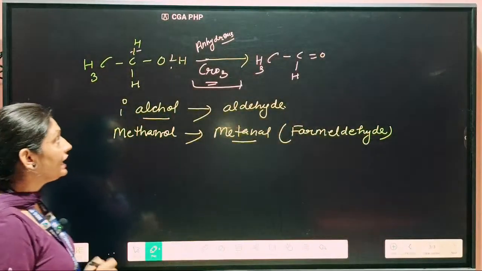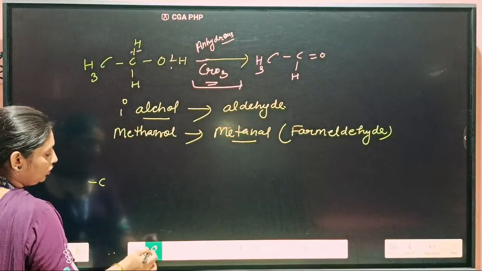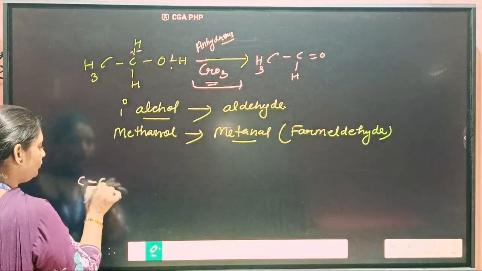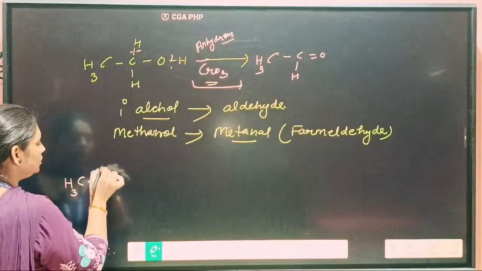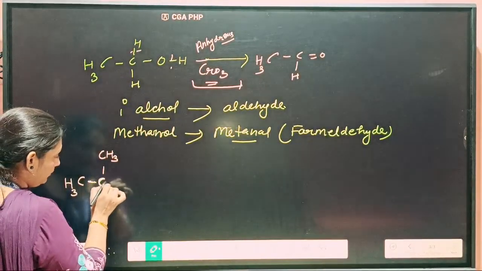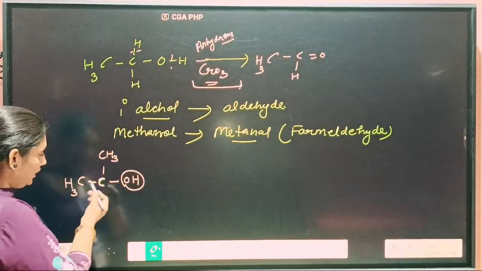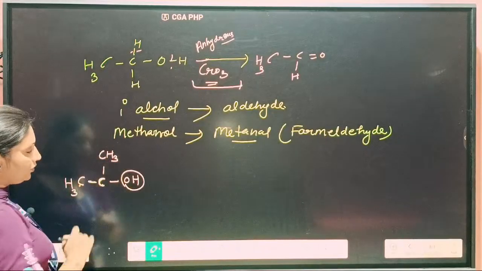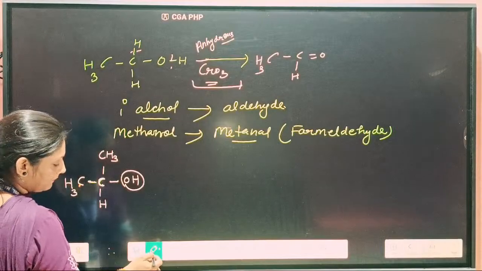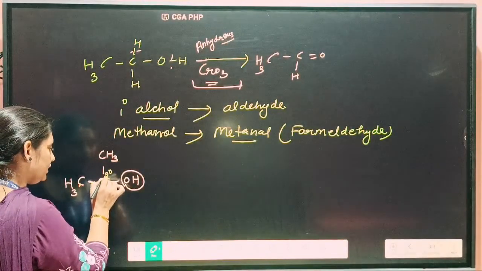But if we have secondary alcohol, if the carbon at which the alcoholic group is attached is forming bonds with other 2 carbons, then it is known as the secondary alcohol, and this carbon is secondary.